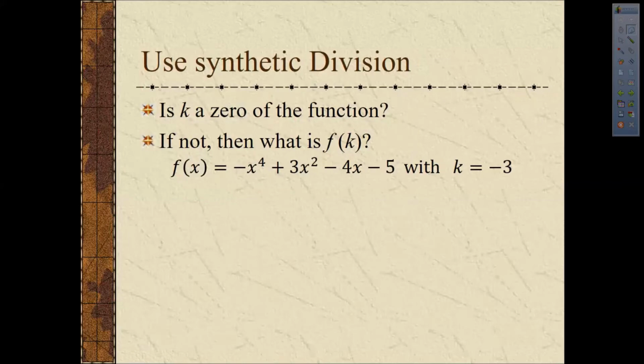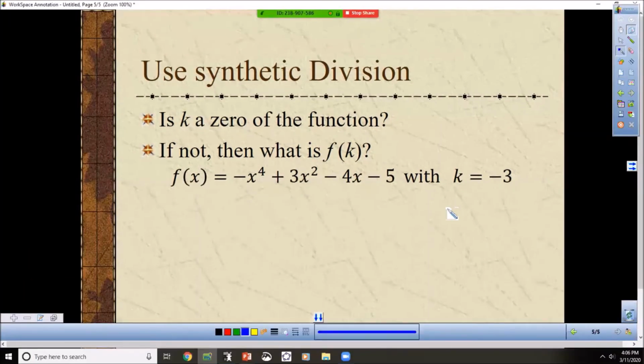So we're going to ask ourselves, is k a 0 of this function? If not, then what is the function value at k? As you can see, my function is f of x equals negative x to the fourth plus 3x squared minus 4x minus 5. And I'm checking the k value of negative 3.